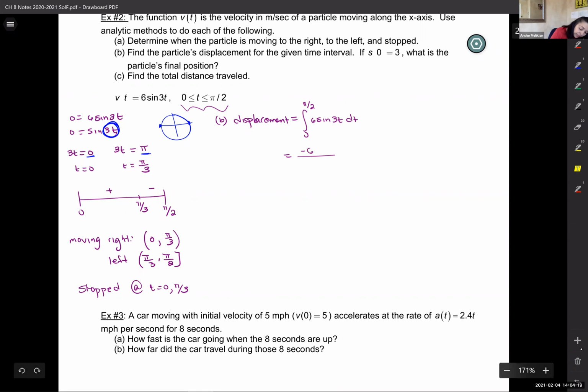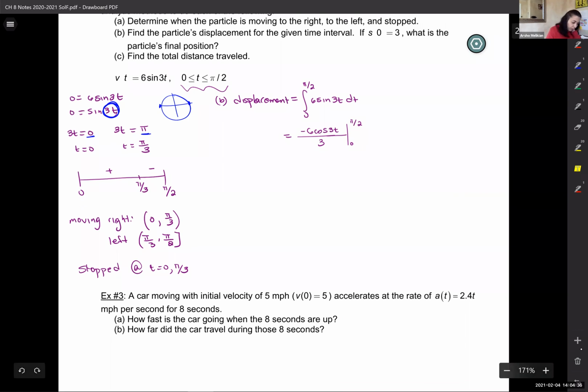So this is going to be negative 6 cosine 3t over 3. And we're going to go from 0 to pi over 2. And then when you put in the 0, you get that this is 2 meters.